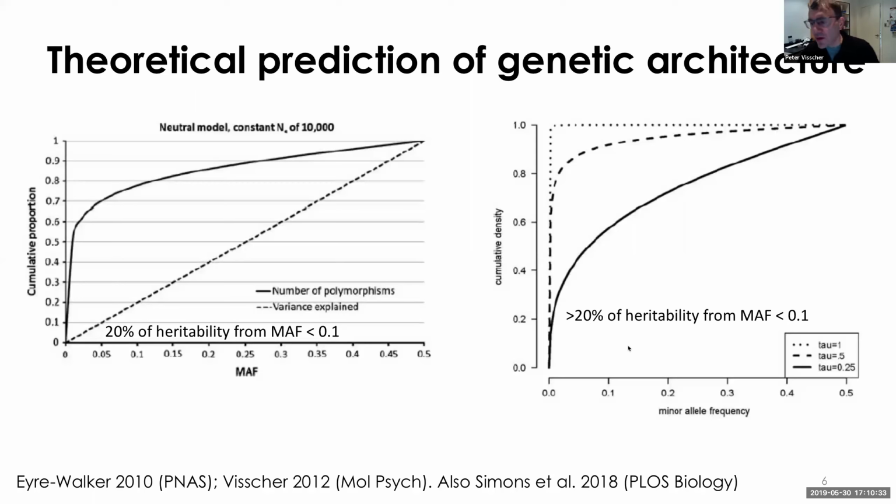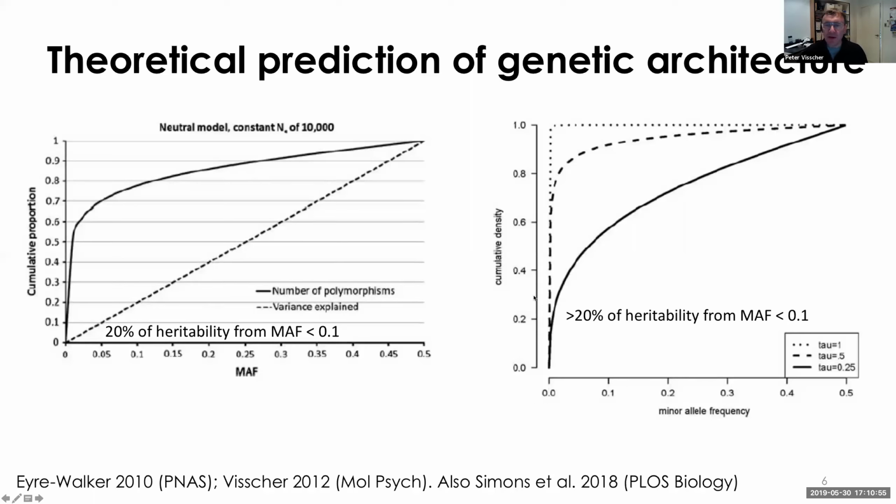I'll show an example from a paper from Adam and Walker from nearly 10 years ago, where he modeled the relationship between the trait and fitness with these parameters here. I don't have details to go into this model, but essentially the larger this value here, the closer the trait is to reproductive fitness itself.